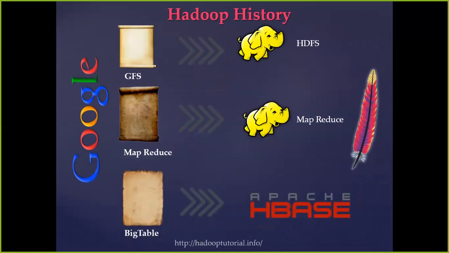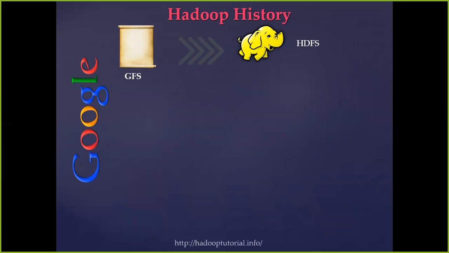So all this Hadoop concept, the distributed HDFS file system, all these came up from Google's white papers around 2006 or 2007. Google published a distributed file system, which is GFS, Google File System.